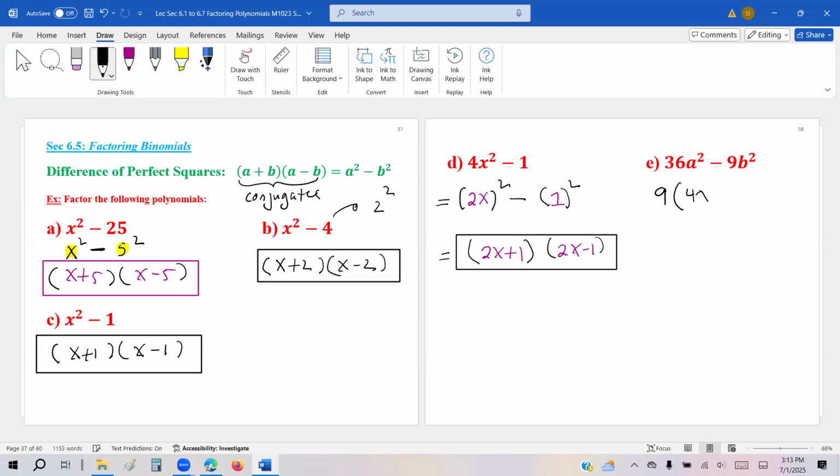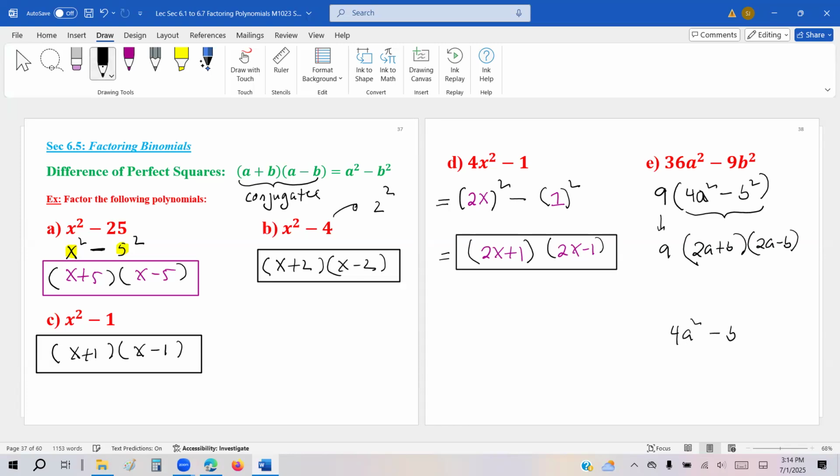So we have 4a squared minus b squared. And now what do we have? What are our bases? So we have our GCF 9 and we have 2a plus b, 2a minus b.